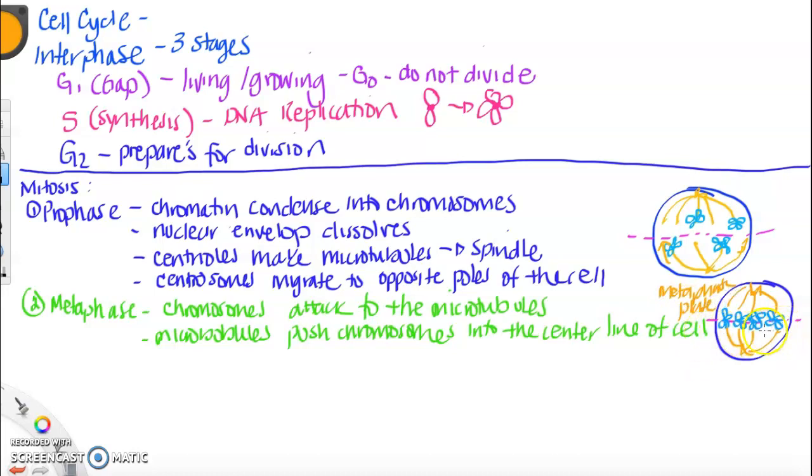Once that occurs, that plate where they're in a line right there along the center, then the microtubules pull apart the sister chromatids, and half of them go here and the other half go to this side. So once they pull apart, then we're in anaphase.